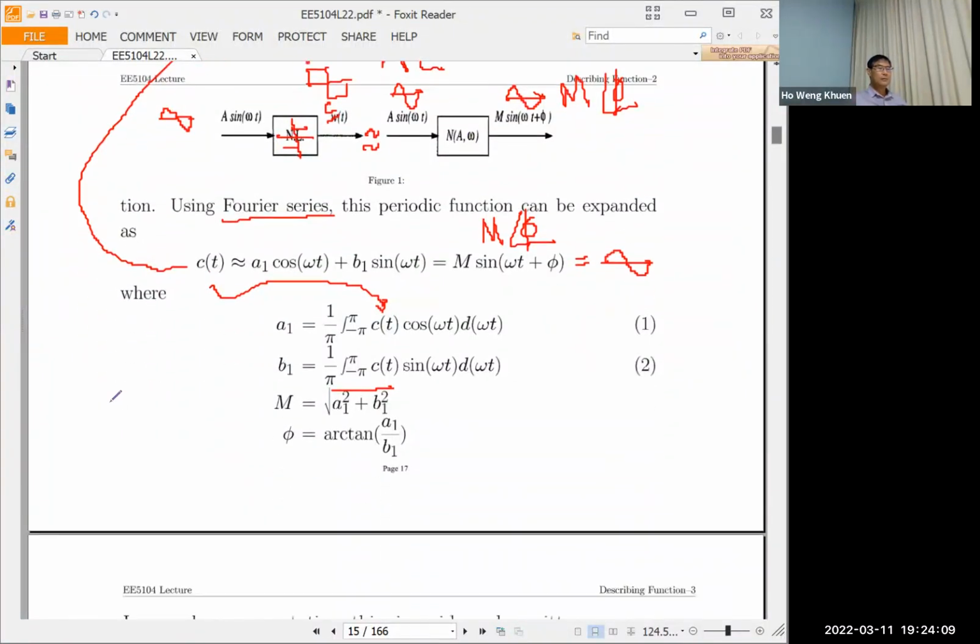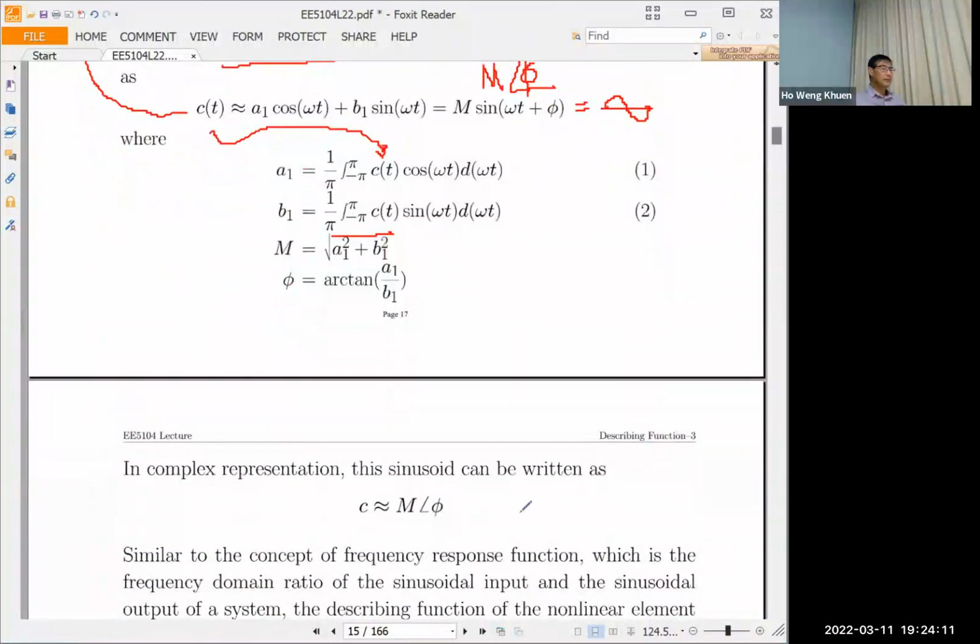To be very clear, C is what? C is the square wave, approximated by M phi, which is what? A sine wave. How do we do this approximation? It is through using Fourier series to convert this square wave to this sine wave.